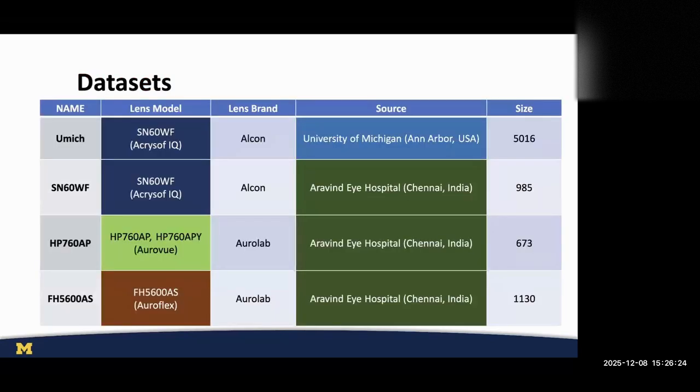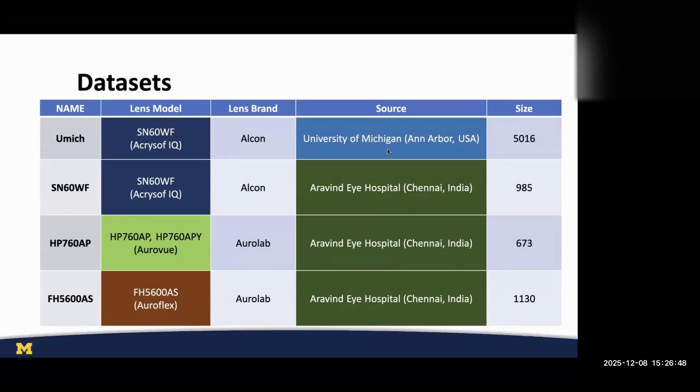So these are the data sets that we had to work with. Basically, we had this data set from the University of Michigan. This is the same data set that the Nalisamy formula was trained and tested on, with the SM60WF lens from Alcon. And then we had 3 different data sets from Chennai, India.